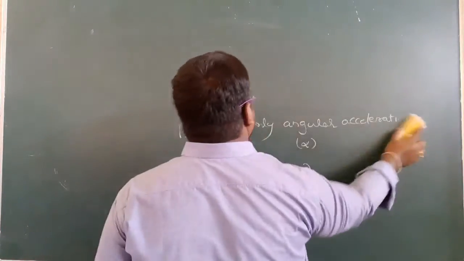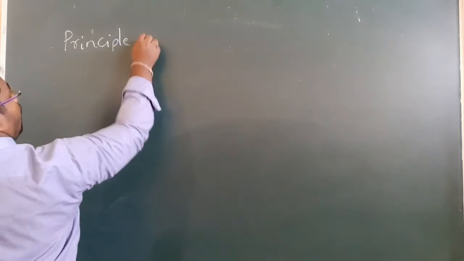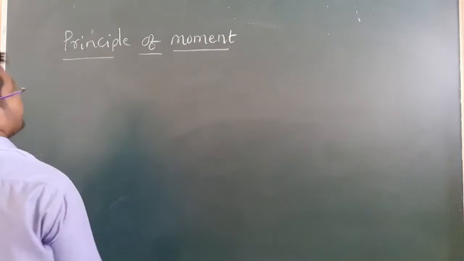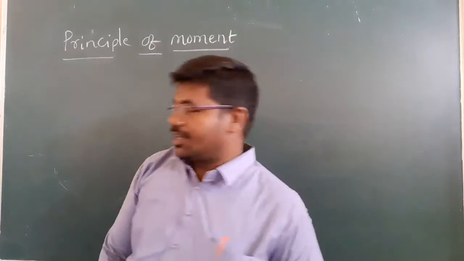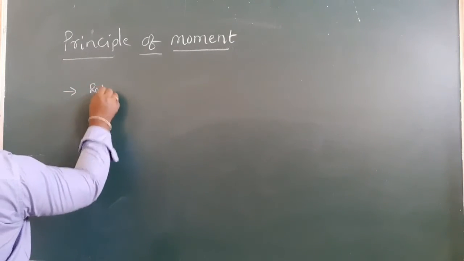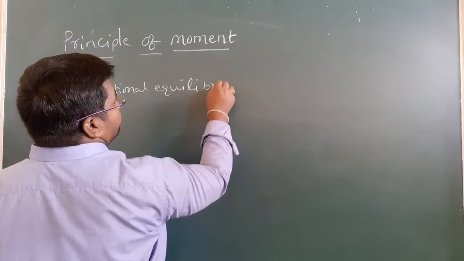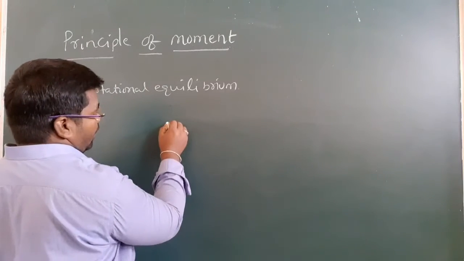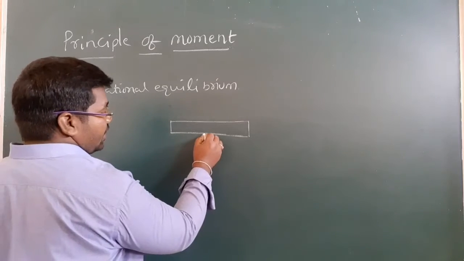Next, principle of moment. When a body is in rotational equilibrium on a sharp object, consider one bar which lies on a sharp object.